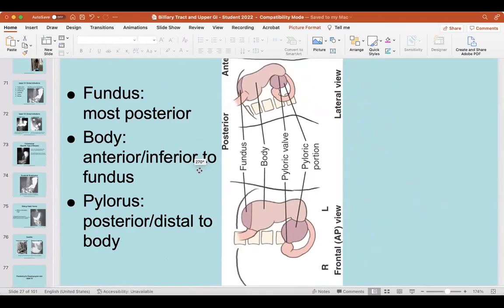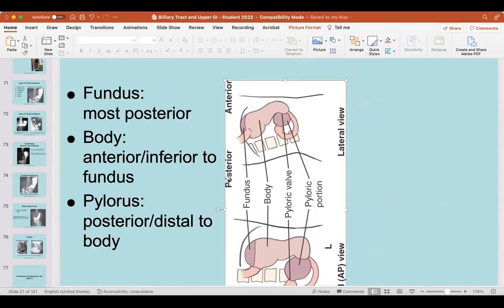So pretend there's a table here, they're on the X-ray table, they're laying on their back, okay? If we give this patient anything to drink, where would the majority of that liquid go? Remember, gravity, look at the orientation of the stomach. You give somebody something to drink in this position, where will the majority of that liquid go?